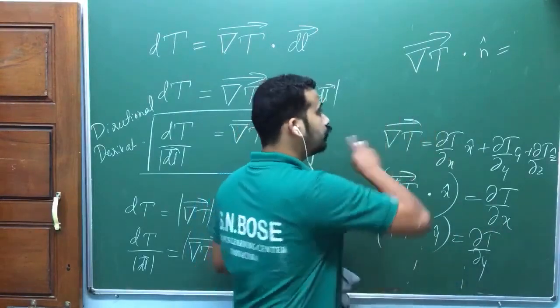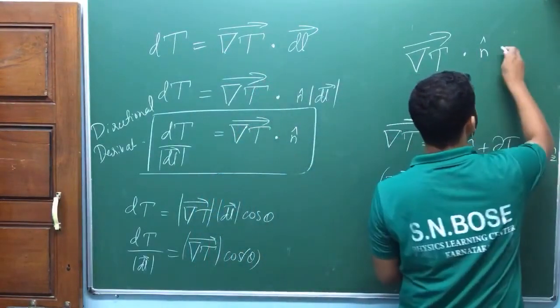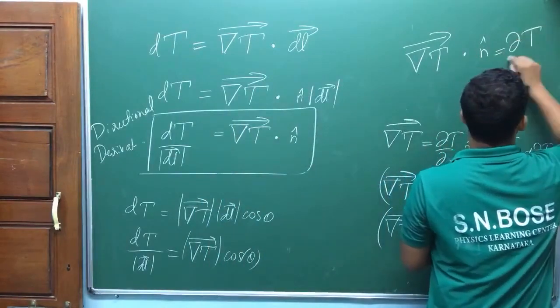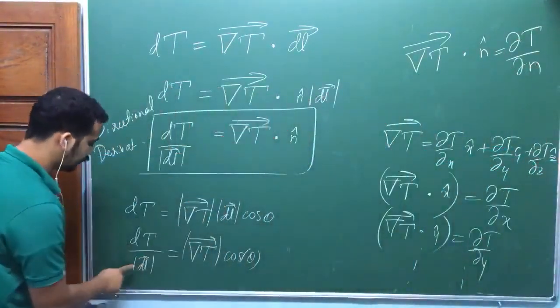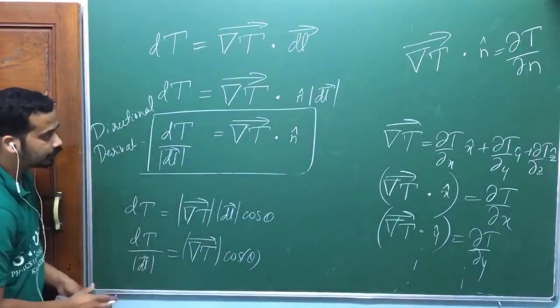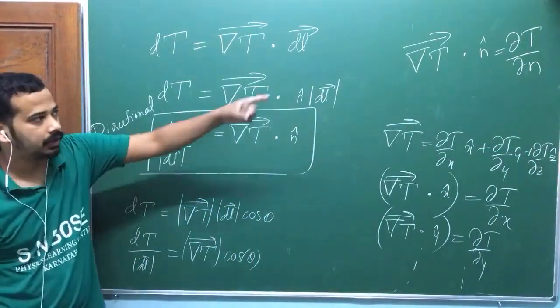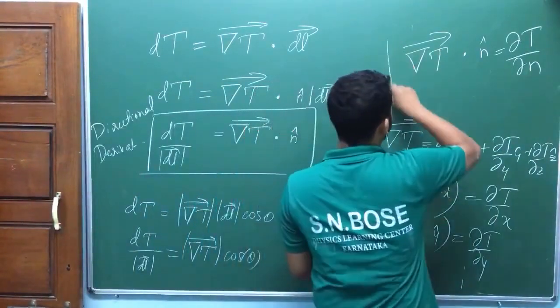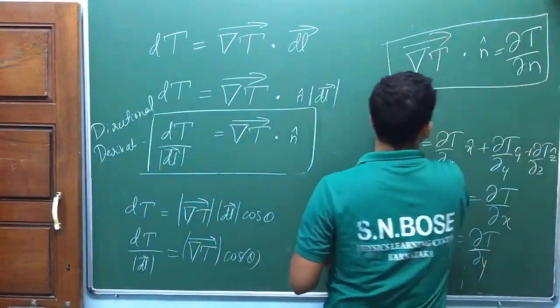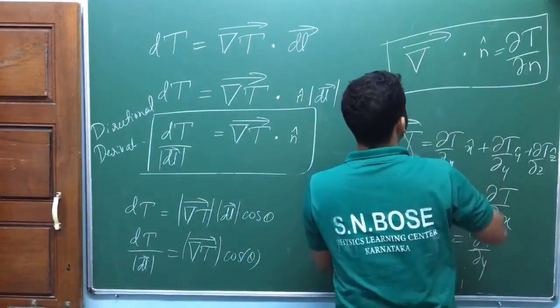Similarly, if you move along the n cap direction, can I write it like this? ∂T/∂n. Actually, this ∂n that I have written is similar to this one, but I have written it to generalize. We are going to use this somewhere later. We call this the directional derivative.